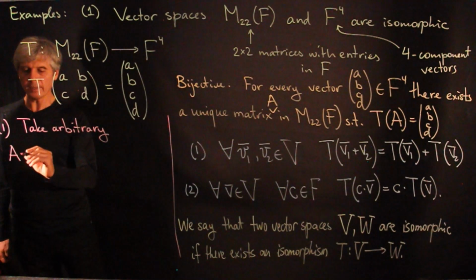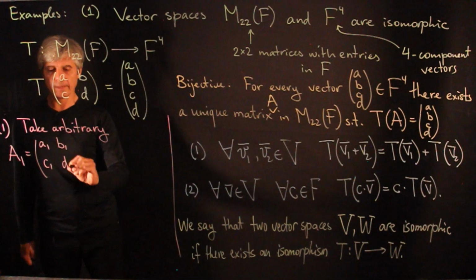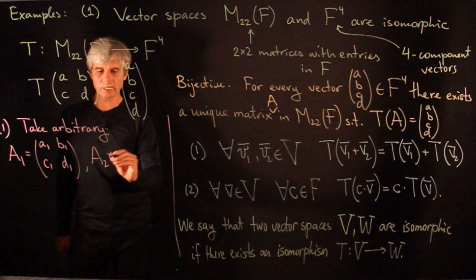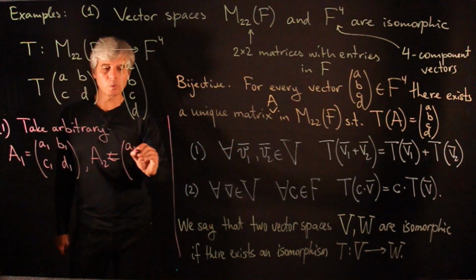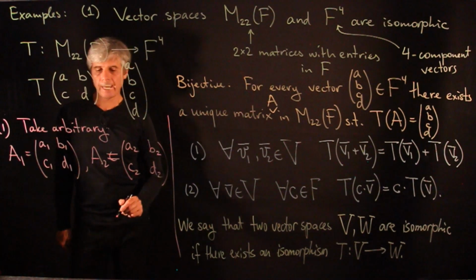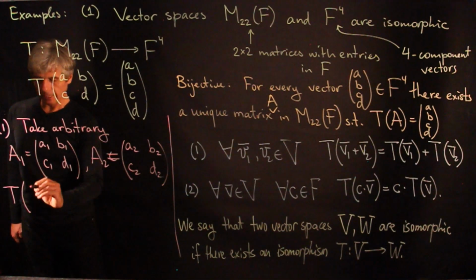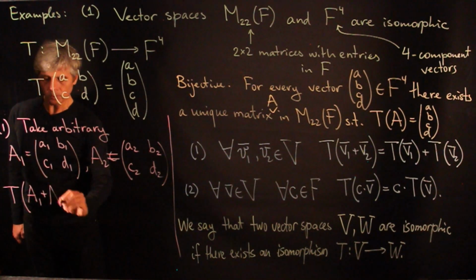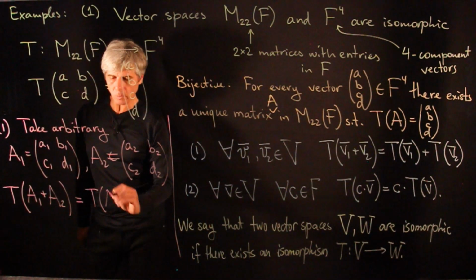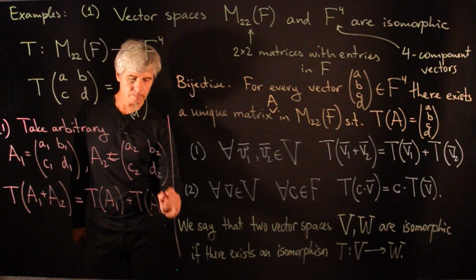So A1, which is A1, B1, C1, D1, and A2, which is A2, B2, C2, and D2. And what we need to show is that T of A1 plus A2 is equal to T of A1 plus T of A2.